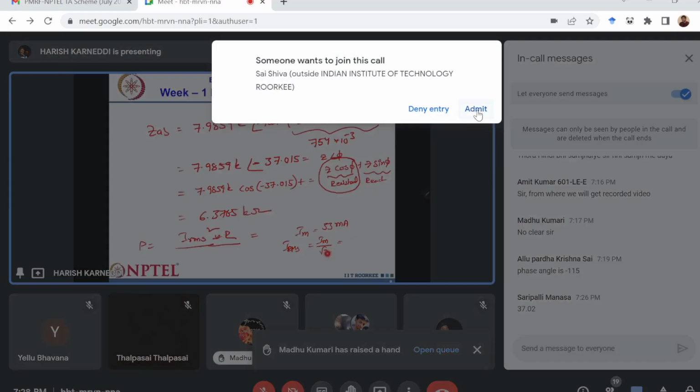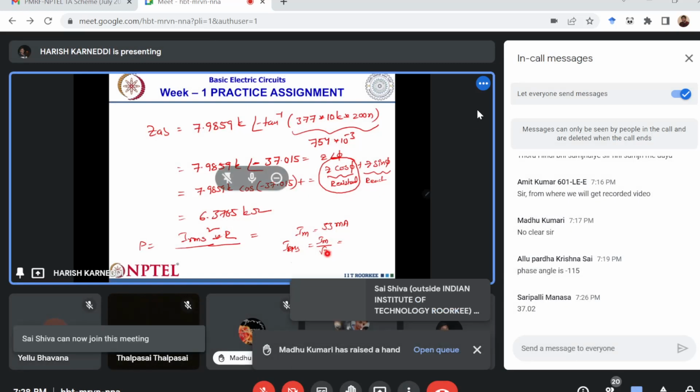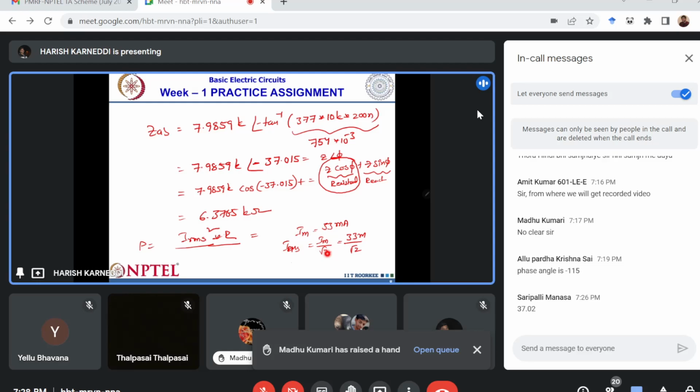So 33 milliamps by root 2. What is the value of 33 by root 2? It is approximately 23.33 milliamp.